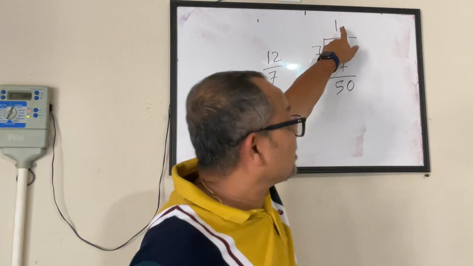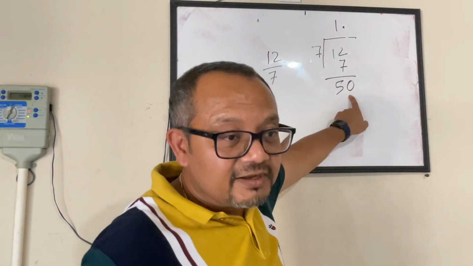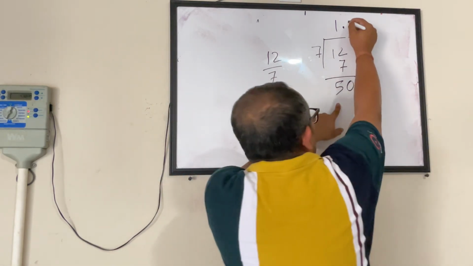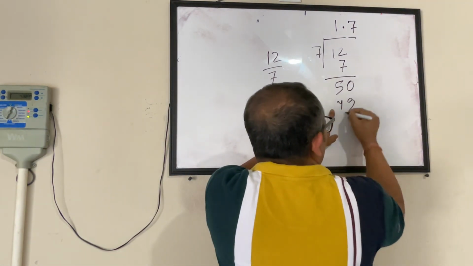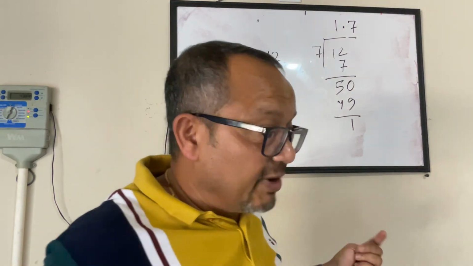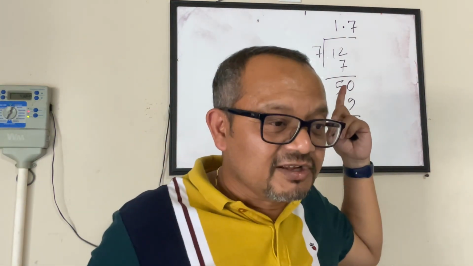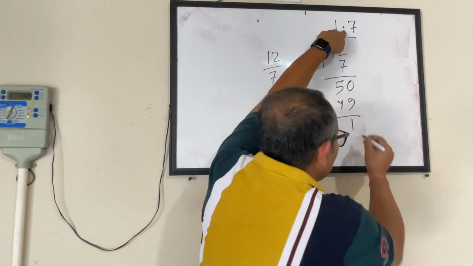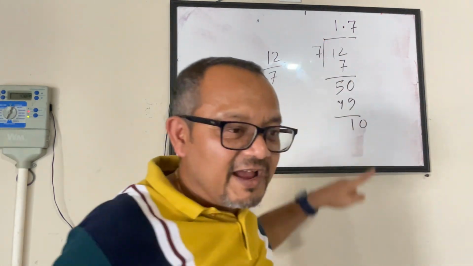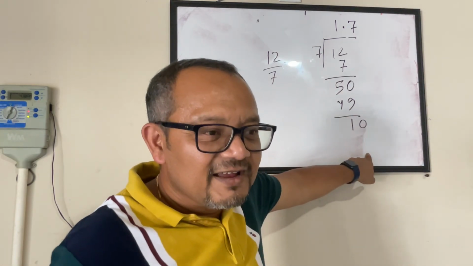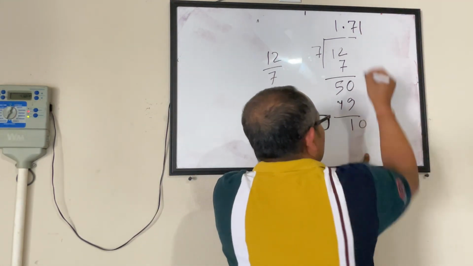So as soon as I put a decimal, it laid one egg. Now it is 50, bigger than 7. 7, 7 are 49. What is remaining? 1. We are still not done. But we are happy that we have a chicken that is laying one egg at a time. So this chicken again lays one more egg. And this becomes bigger than 7. 7 1 are 7.